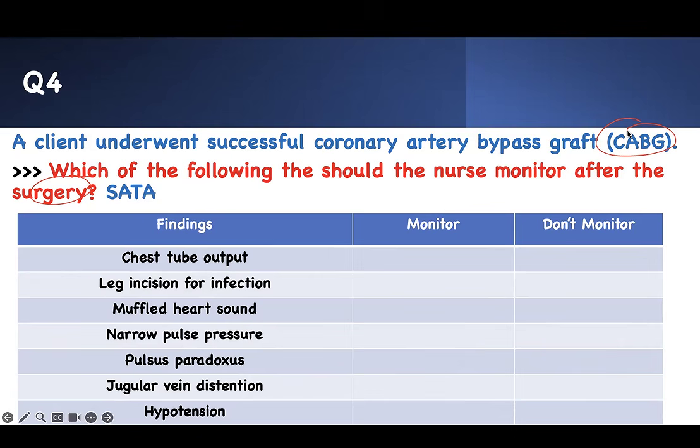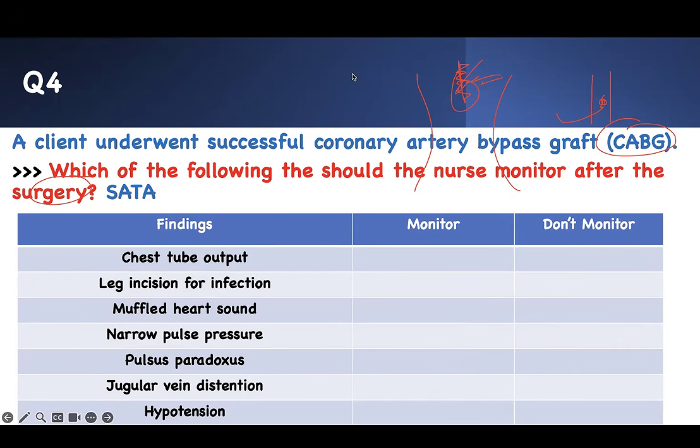You have to bring a little bit of content and you say, hey, I know coronary artery bypass graft. What do they do? They open your chest and they fix your heart. They give you a new artery. They leave your old artery that is clogged and they bring a new one. Usually they go to your leg and they take a vessel from your leg and they use it to fix it.